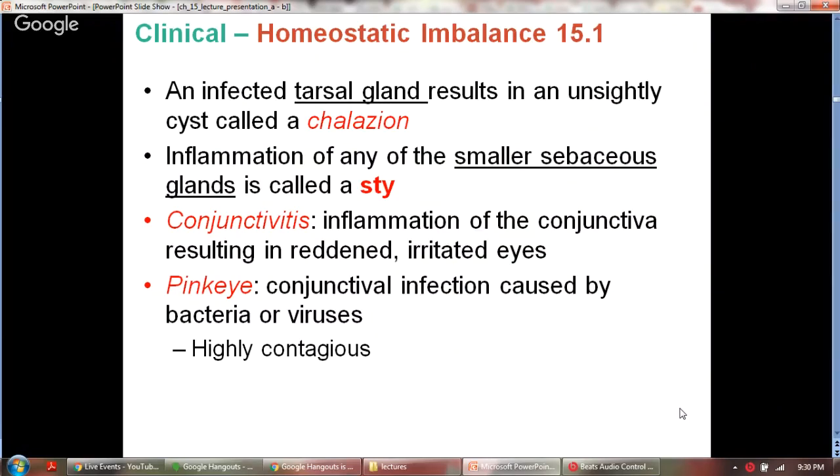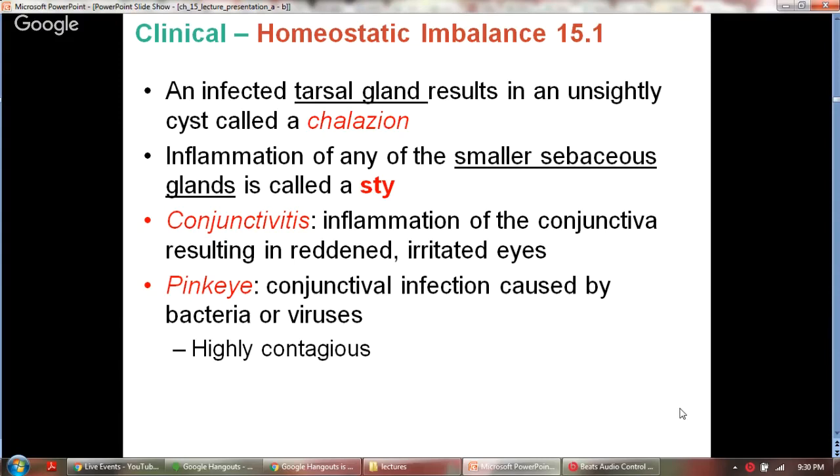The clinical importance of the structures we have discussed so far is that, related to the tarsal glands, if infected, we call it a chalazion or chalazia. And the inflammation of any of the smaller sebaceous glands in the eye, we call a stye. And also, a common word that you might have heard, conjunctivitis, is the inflammation of the conjunctiva, resulting in reddened, irritated eyes.